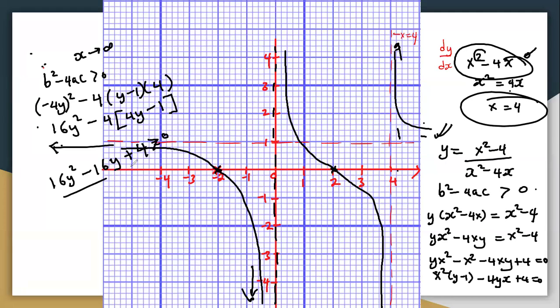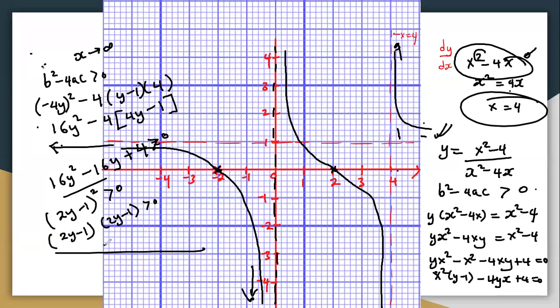Can this thing be factorized? Yes. When you factorize and reduce, we shall have (2y minus 1) squared greater than 0.